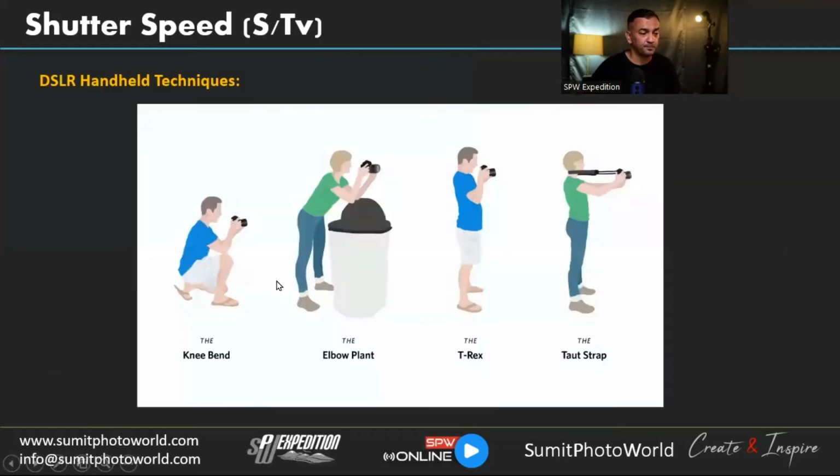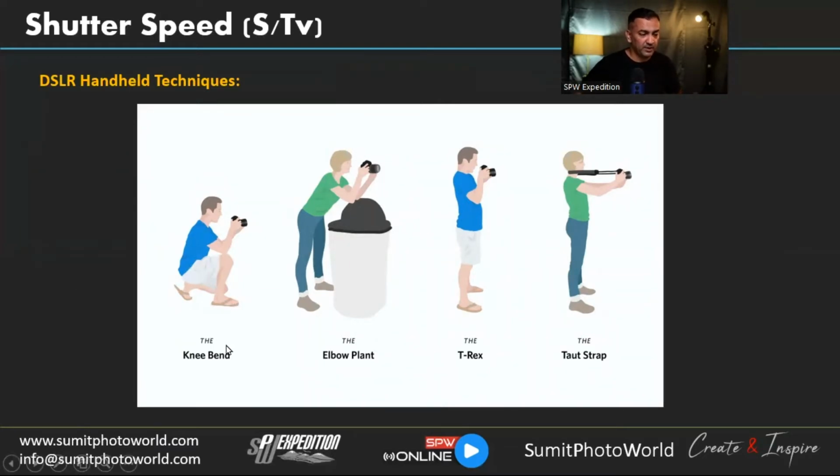Now handheld techniques, meaning how we hold the camera in hand. Even with stabilization on, if we have good posture, we can get good images with slightly slower shutter speed, supported by stabilization and vibration reduction. So these are the techniques.